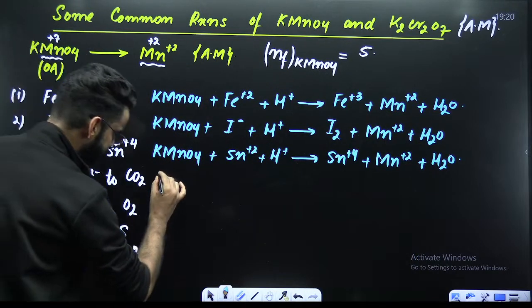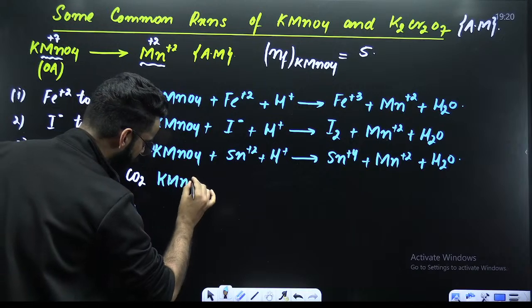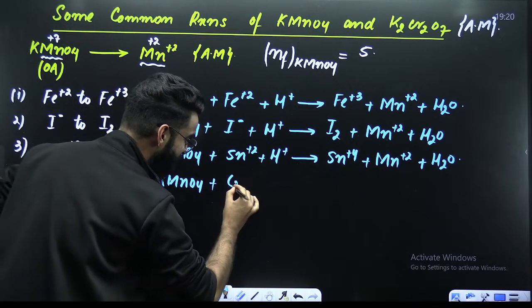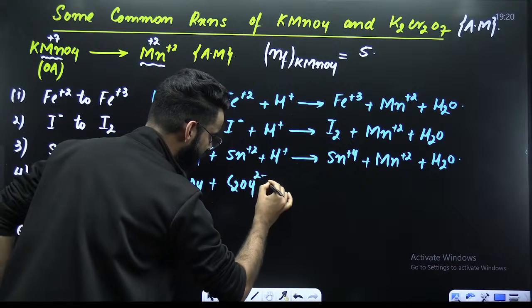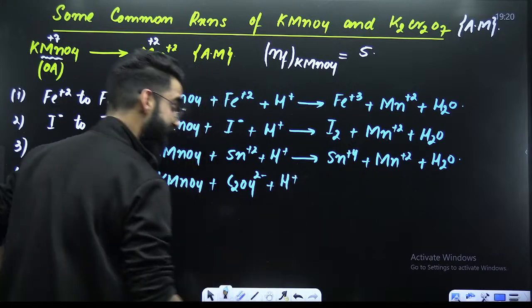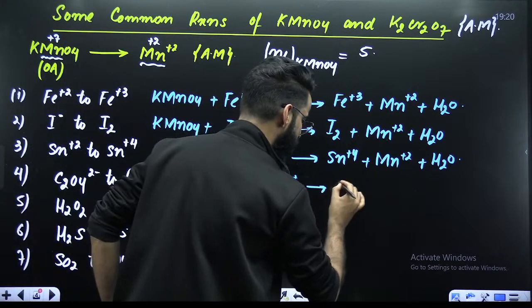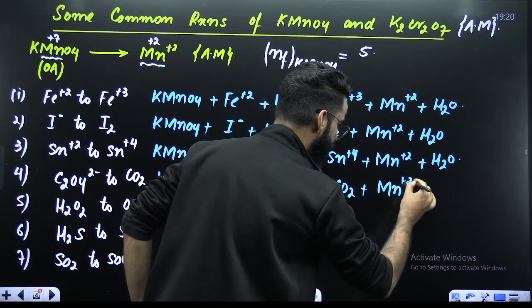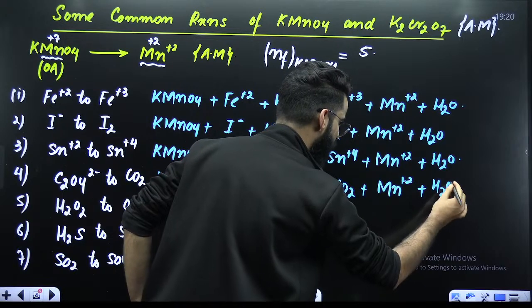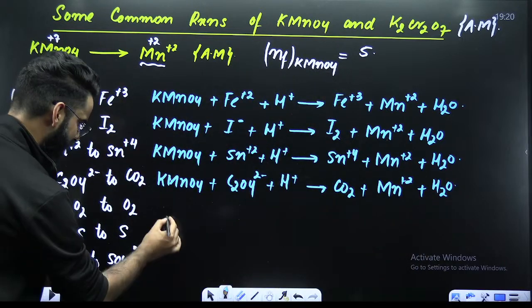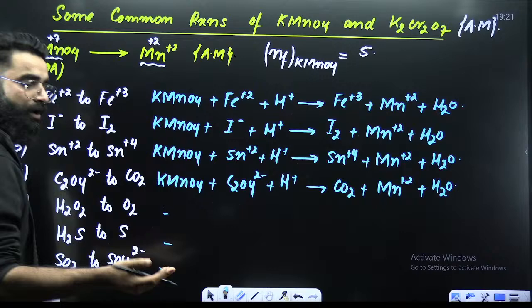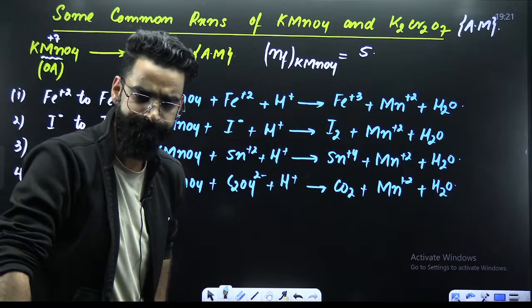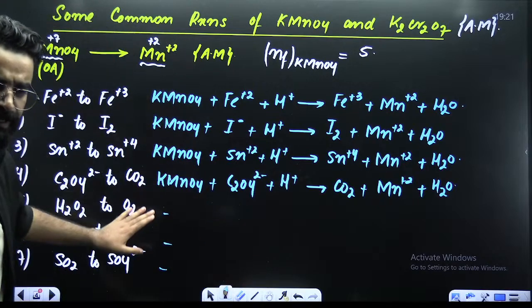Similarly, the next one: KMnO4 converts oxalate ion, in acidic medium, into carbon dioxide, and itself gets converted into Mn di-positive, and with this you'll be writing water as well. Similarly, you can write the rest of the reactions on your own. Is it clear till here?